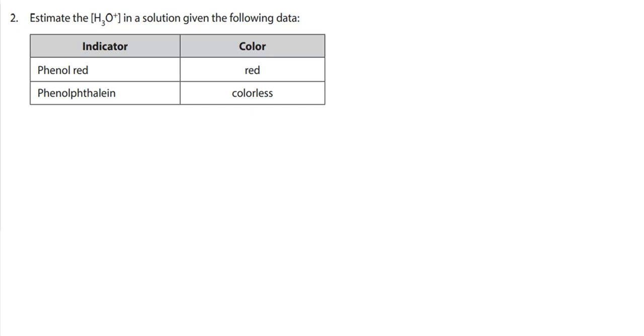Okay, so let's look at the next one. It says estimate the hydronium concentration in a solution given the following data. They've used 2 indicators on the same solution. If you look at your table, phenol red is red when the pH is higher than 8, so we have a pH past the transition point for phenol red.